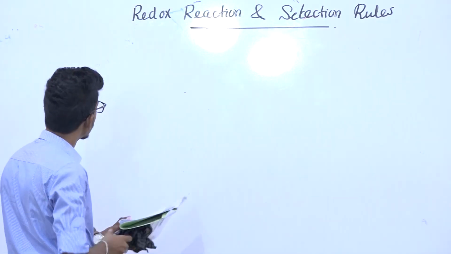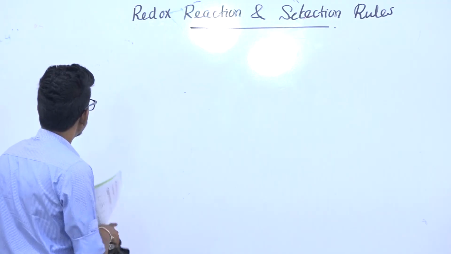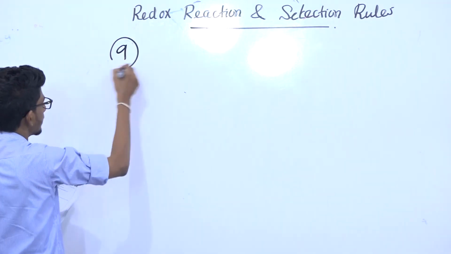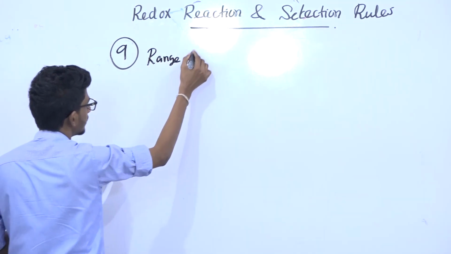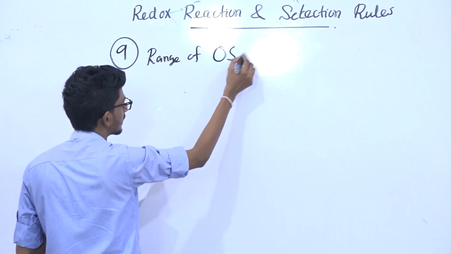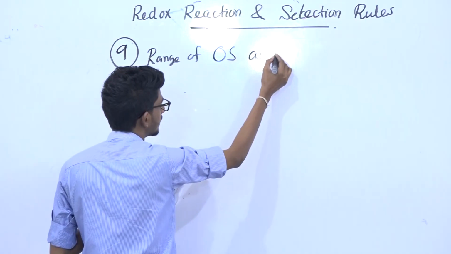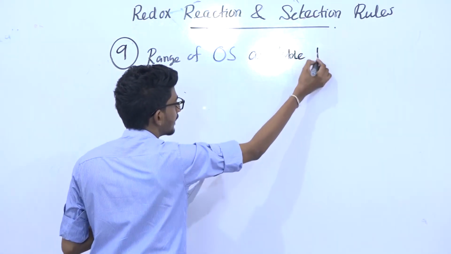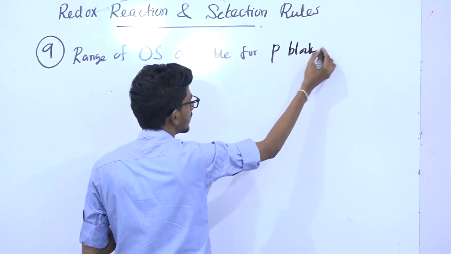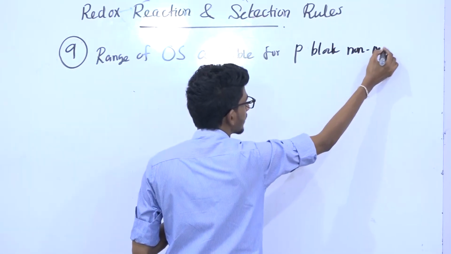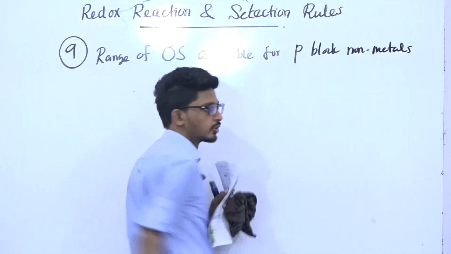So number 9, what is this? That is the range of oxidation states available for p block non-metals.